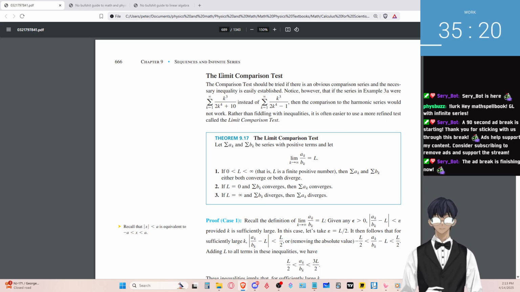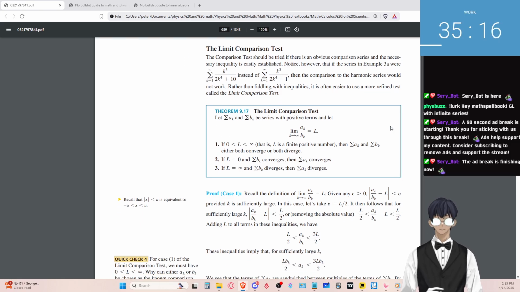Okay, the limit comparison test. Okay, so what is this one? Let sigma a_k and sigma b_k be series with positive terms.